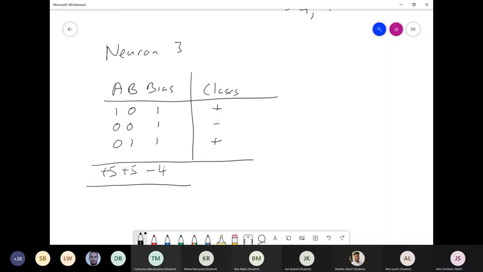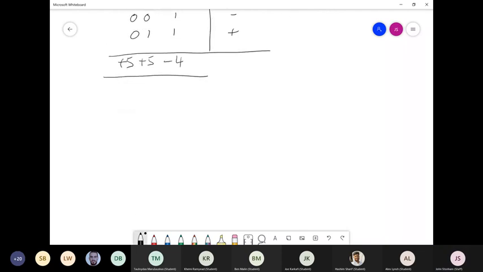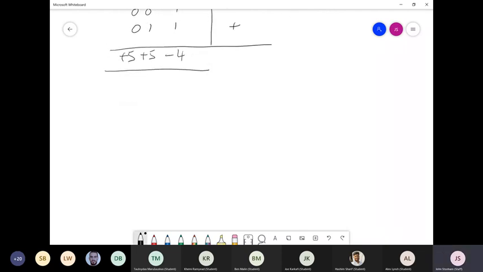Now from there onwards, if neurons can perform an exclusive OR function, what other logic functions can neurons perform?